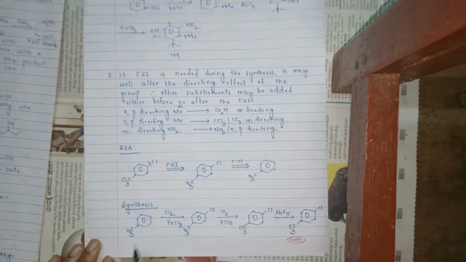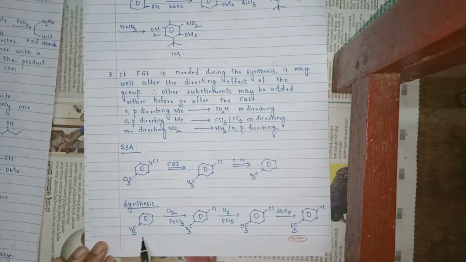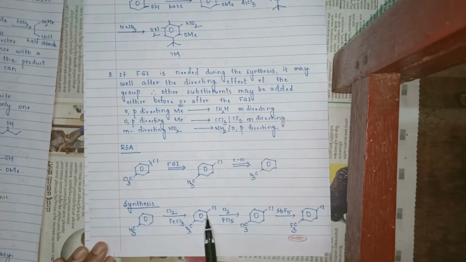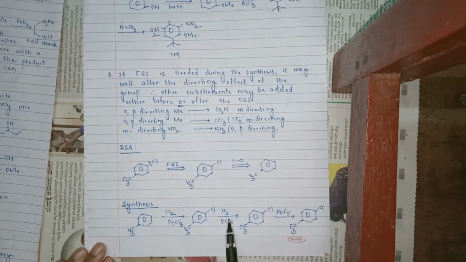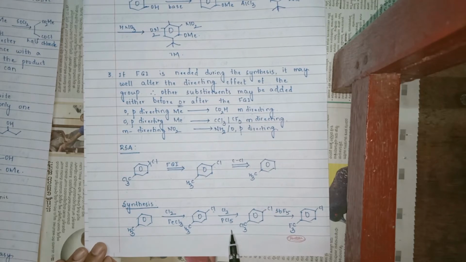In the synthesis, we can see that the toluene system reacts with Cl2 in the presence of FeCl3. What will happen is that a chlorine is introduced para with respect to the methyl. Later, when I react it with Cl2 in the presence of PCl5, I can easily introduce CCl3 in place of these three protons.